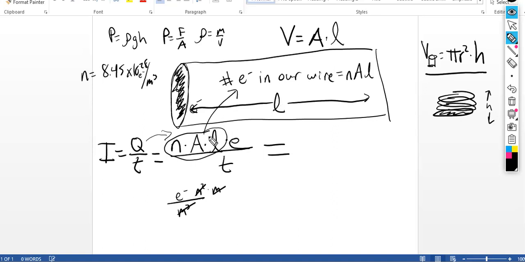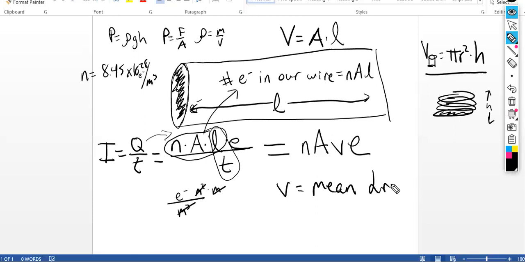And so I can substitute in L over t, the velocity. And we call this v the mean drift velocity. Okay, so v is the mean drift velocity.